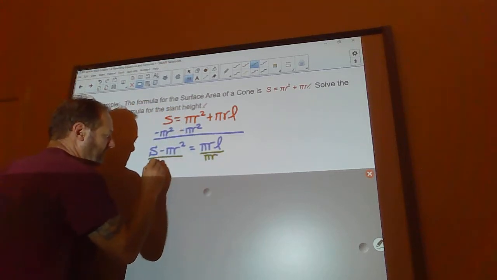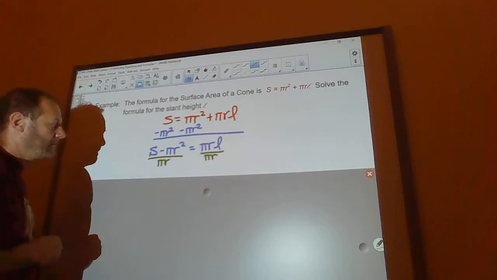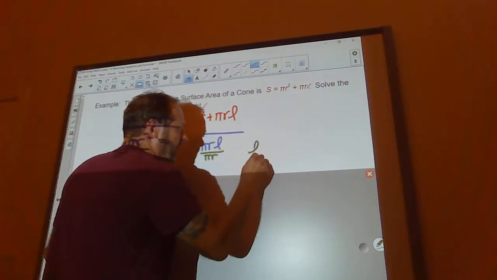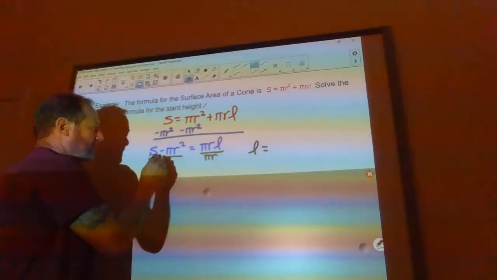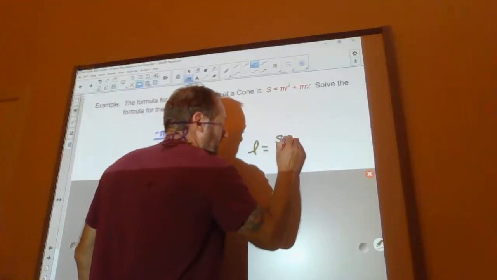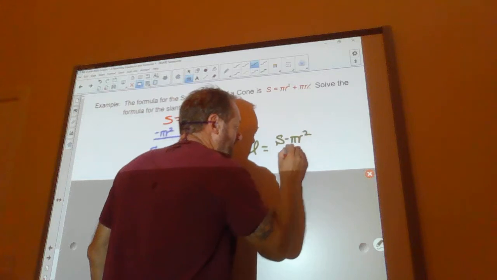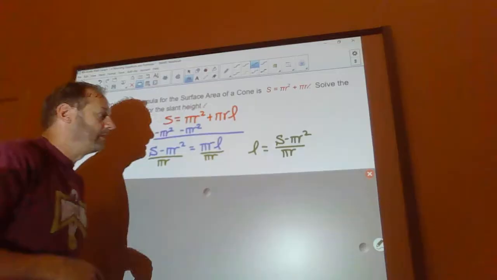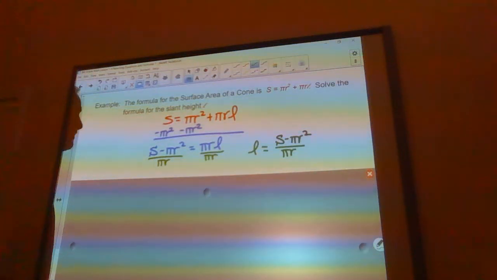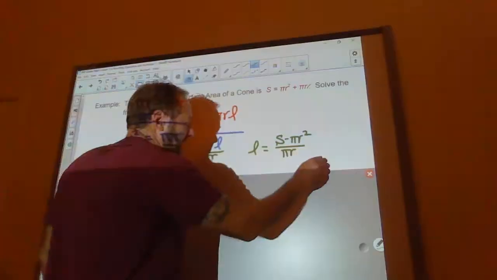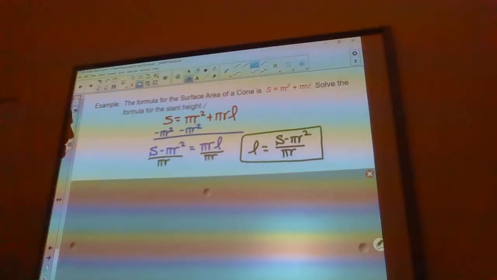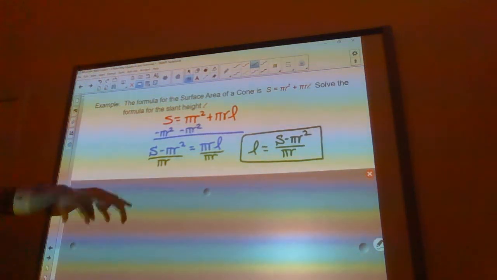And I'm going to divide this side by pi and r. Okay, so this cancels out, this cancels out. I'm left with L equals S minus pi r squared over pi r. You can just leave it that way. You don't need to simplify it any more than that. There you go. If you can do that one, you can do almost any one.